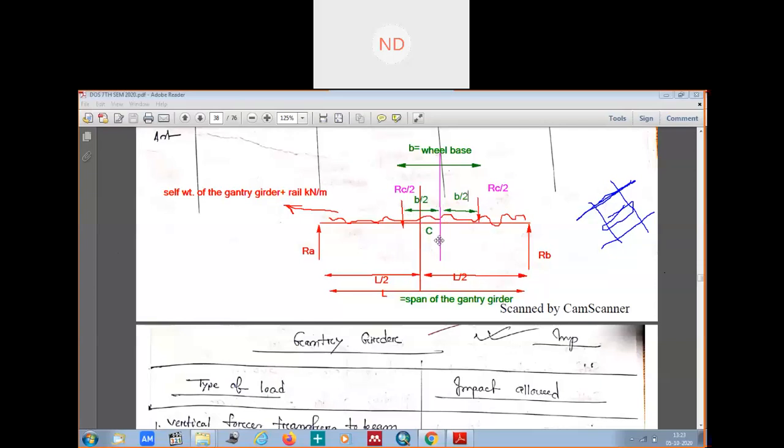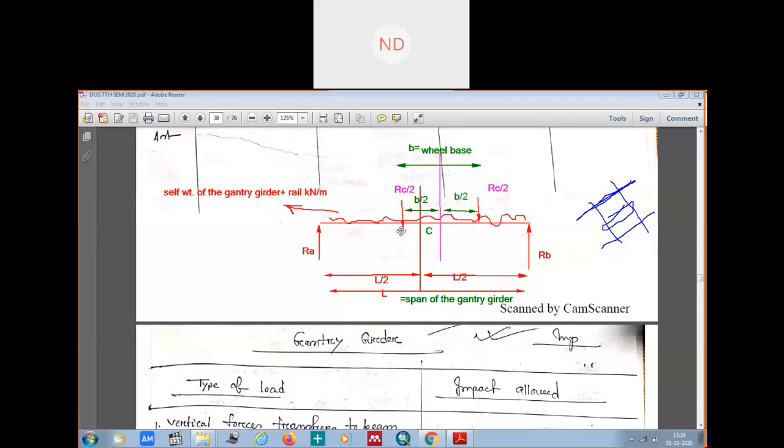Listen carefully: you will calculate the maximum bending moment in that position.